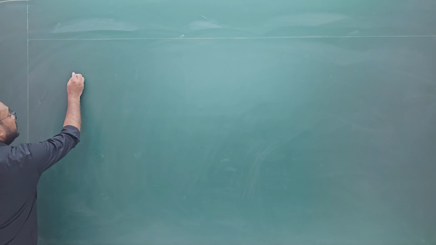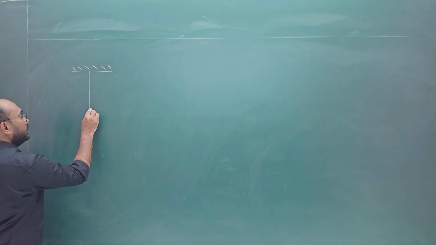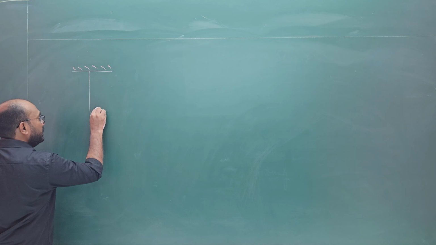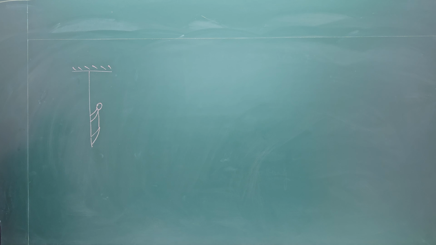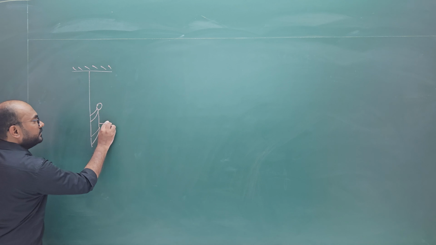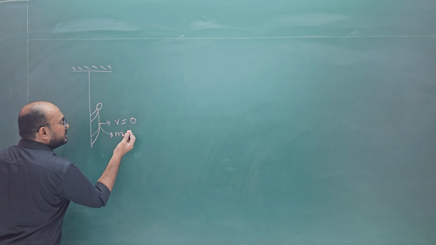Now listen to me. Consider here is one string, and consider there is a man who is holding this one, just holding. So velocity of this man is 0 and the mass of this man, let's say 100 kg.